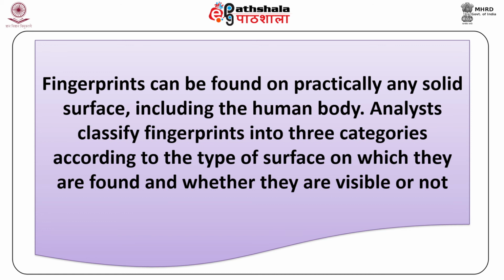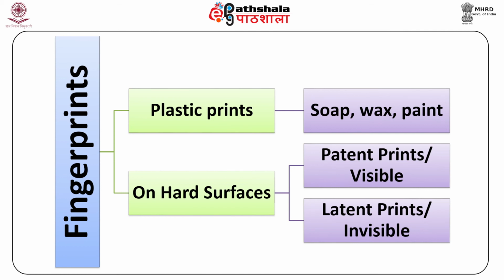Analysts classify fingerprints into three categories according to the type of surface on which they are found and whether they are visible or not. Fingerprints on soft surfaces such as soap, wax, wet paint, etc. are likely to be three-dimensional plastic prints.